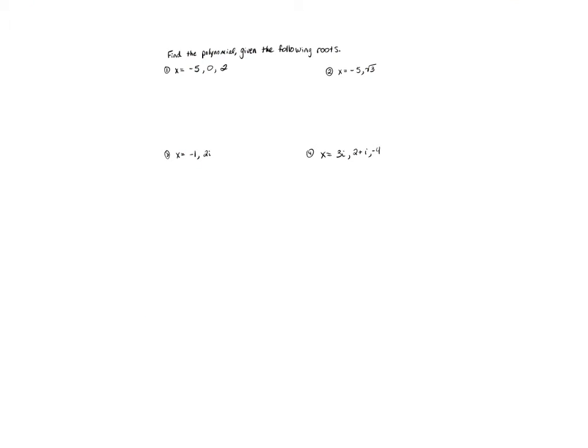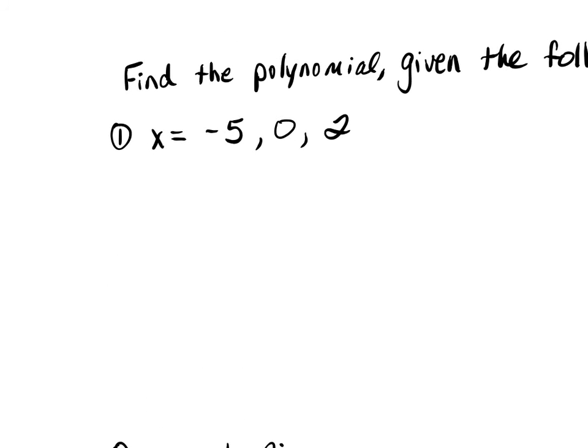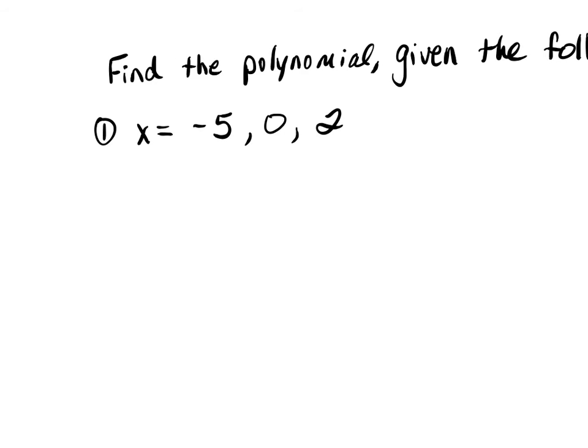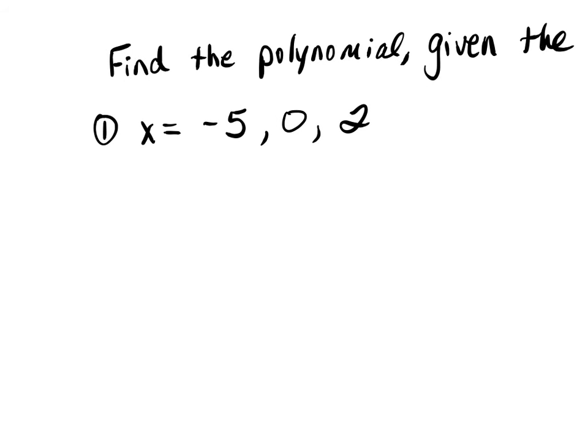All right, on the next slide, we have 4 more examples that are just like it. So looking at number 1, our zeros are -5, 0, and 2. So we would put this into our linear factors. So we have x plus 5, x minus 2, and then the 0 would just be x is equal to 0.